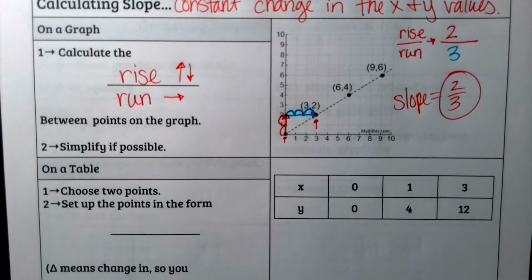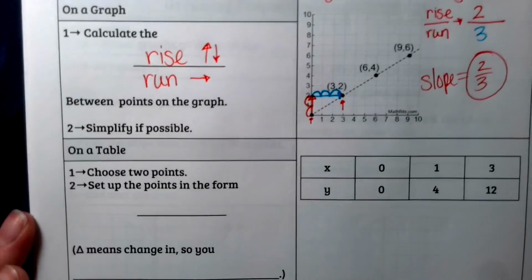So that's it for a graph. If you would like to pause the video and do the practice on just the graphs, go ahead and do that. Or if you want to go through and just do the whole set of notes, that's fine too. So go ahead and pause it if you want to do the practice on the graph or ask questions. But if you're ready, go ahead and scoot on down for the table.